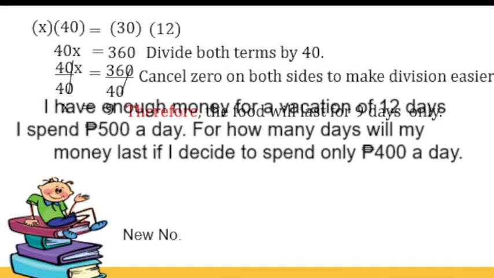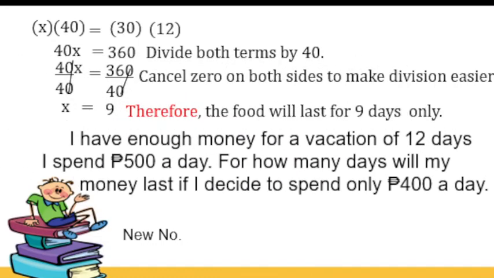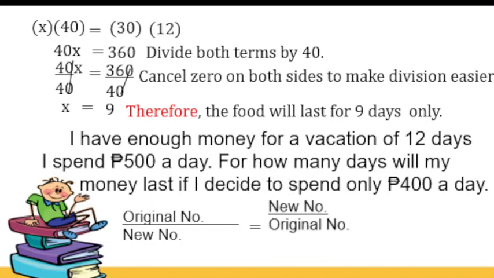Next. So let's say I have enough money for a vacation of 12 days. I spend 500 pesos a day. For how many days will my money last if I decide to spend only 400 pesos a day? So of course, you have the original amount, and then your new amount is equal to the new number of days and original number of days.